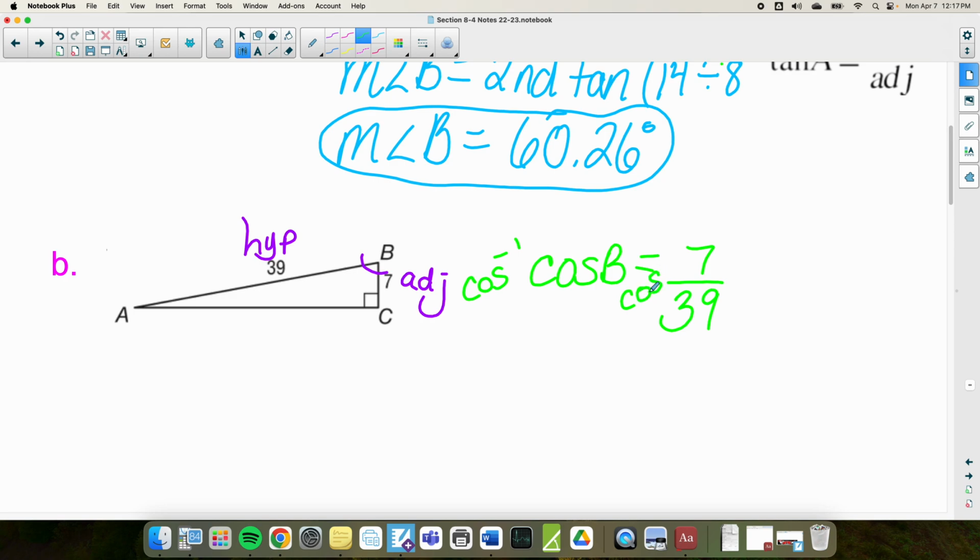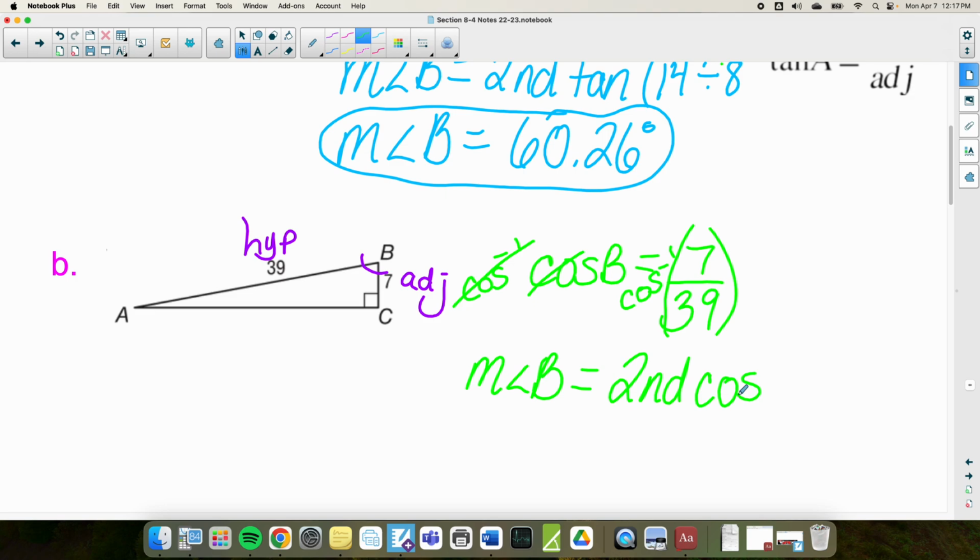You don't have to show that step, but basically these cancel and you end up with measure of angle B, and you're gonna type into your calculator second cosine, a parenthesis comes up, and then you're going to go 7 divided by 39, okay?